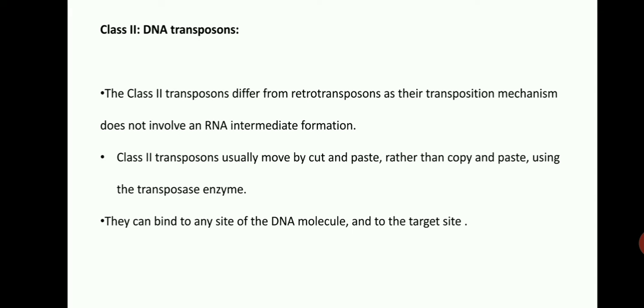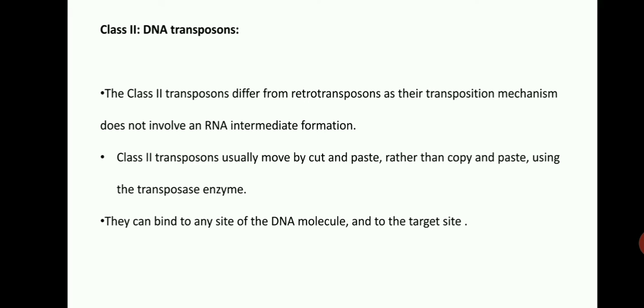Class 2 DNA transposons. So this is the second type of transposon, the class 2 transposon, also called DNA transposon. The class 2 transposons differ from retrotransposons as their transposition mechanism does not involve RNA intermediate formation.